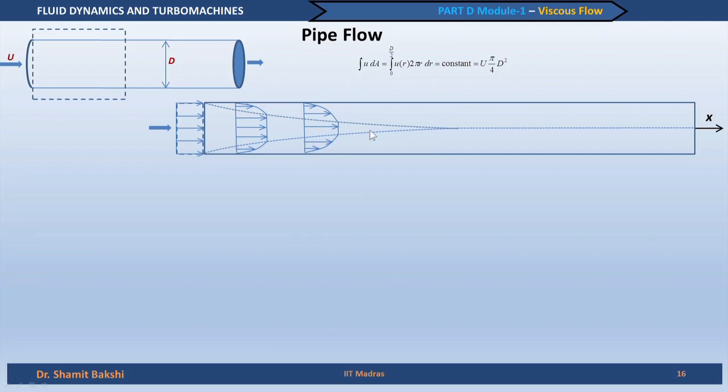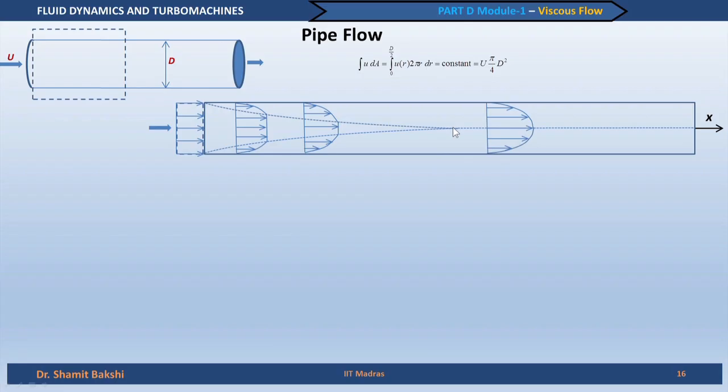it will gradually increase. Now what happens as the boundary layer merges at this point? The flow becomes totally viscous. There is no inviscid region which was visible in the region where the flow was entering.